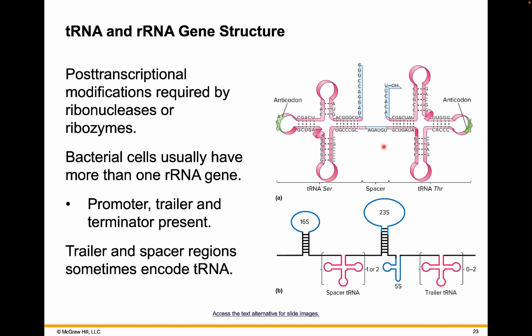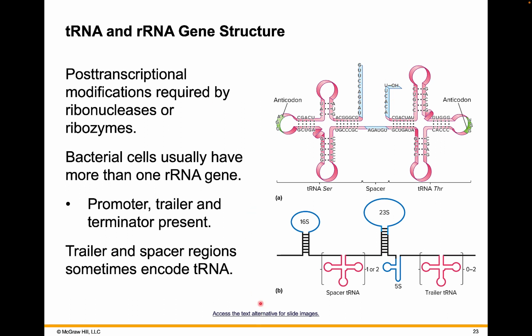So here the top illustration shows two clover leaf-like structures, and there are two tRNAs separated by a spacer. One of the arms, right here at the extreme end, is labeled as the anticodon, and right here is another anticodon. Right here is the amino acid arm, which will carry an amino acid. Depending upon the anticodon, a specific amino acid will be attached here, and here as well.